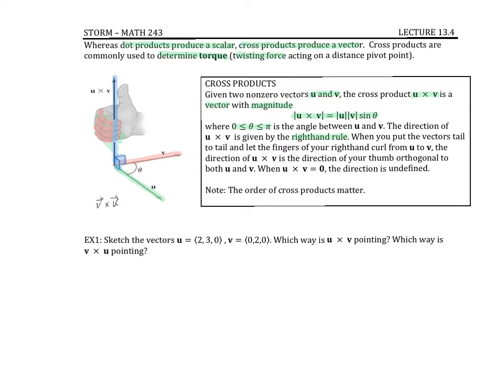If you know the direction of u cross v and you change the order of the cross product, that just means you're going to change the direction of the vector. So v cross u would be pointing down. Notice though that you still get a vector that is orthogonal to both u and v, which is why it's important to determine the direction. In application problems, it does make a big difference whether your vector is pointing up or pointing down.